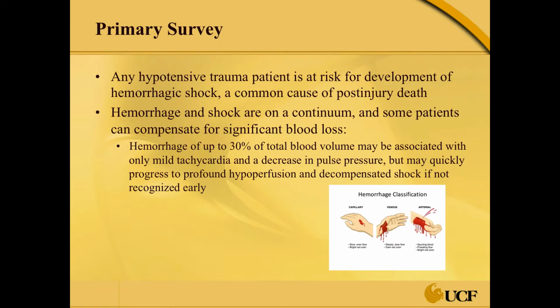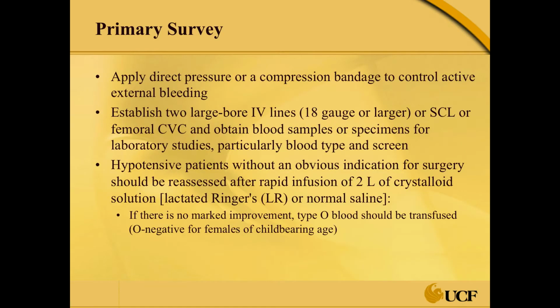So really, you're not going to even see this shocky state occur in some people until later, and then a decrease in pulse pressure, but it may quickly progress to profound hypoperfusion and decompensated shock if not recognized early. All right, so even though we may not see it in the vital signs just yet, the patient is in fact experiencing tissue hypoxia and lack of perfusion.